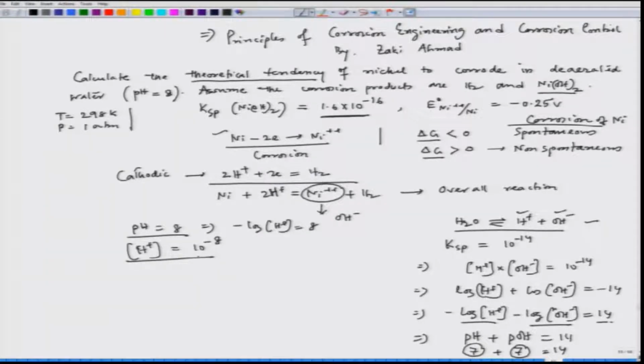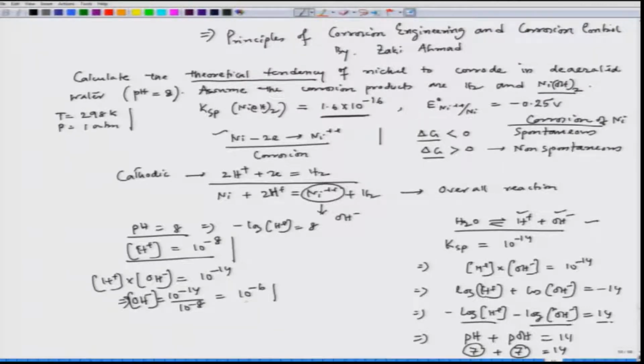Now if I know H+, then I can find OH minus, since OH minus into H+ equal to 10 to the power minus 14. So, 10 to the power minus 14 divided by 10 to the power minus 8 gives 10 to the power minus 6. So, I know the concentration of OH minus.